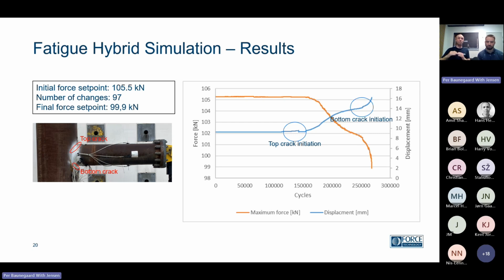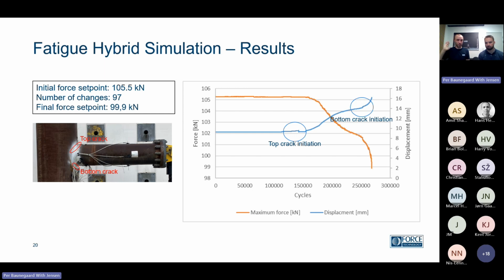And that gave us some results. We started with a maximum force that we applied of around 105.5 kilonewtons. As the joint stiffness changed, there was a crack initiation. Then we started to change the force boundary condition, and that happened 97 times from the first one to, we say, okay, now we have to stop the test. The test is constantly stopping in order to have new boundary conditions.